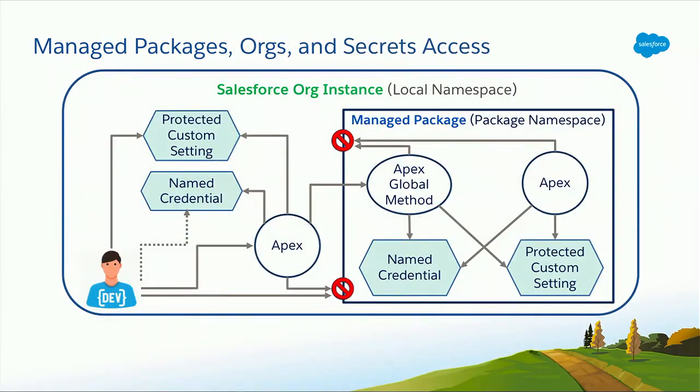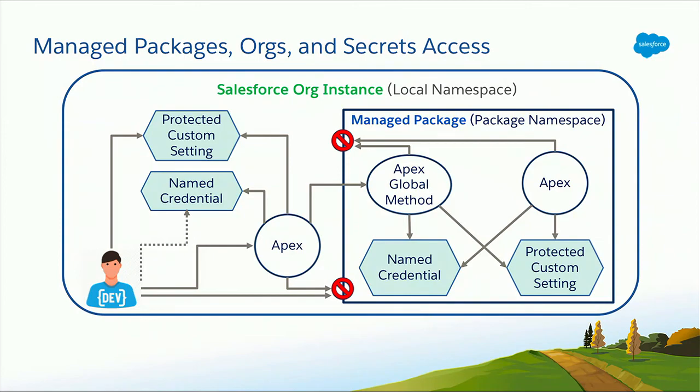So let's take a quick look back here. We learned about named credentials, custom metadata, pushing these things inside a managed package to hide them, right? We've got Apex controllers outside in the local namespace that can't access these values unless they go through a public method or a global method like this.